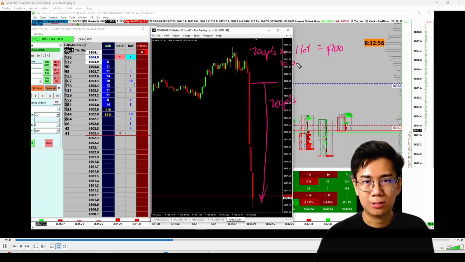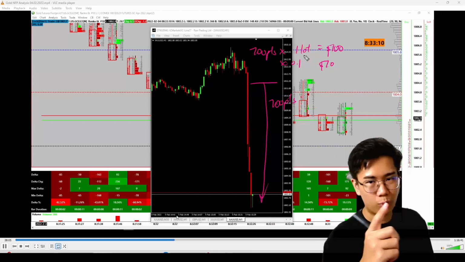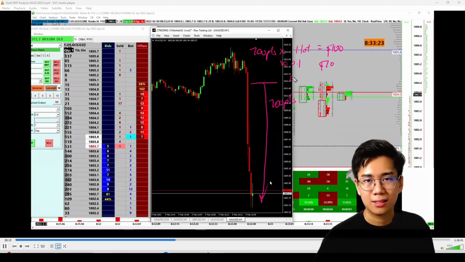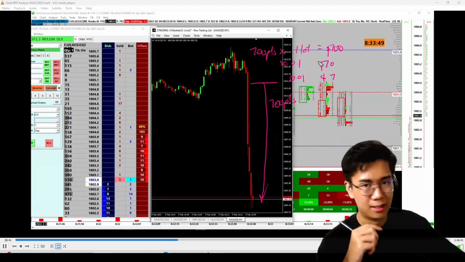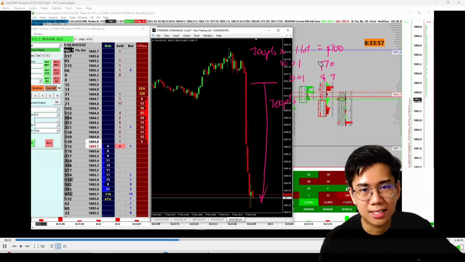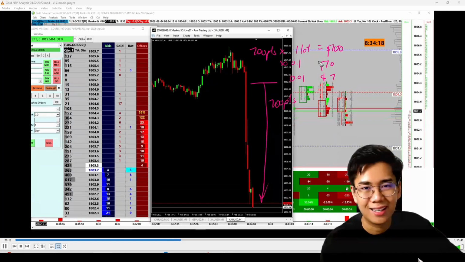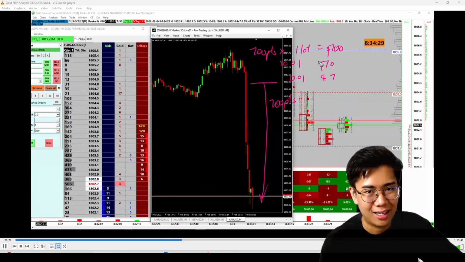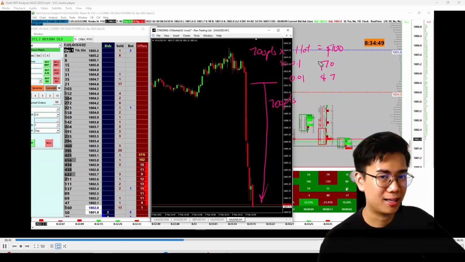If you multiply by 0.1, $70 profit in just 1 minute. 0.01, $7. And this is insider info. If you put a trade, it's do or die. I mean, if you guys have less than 100,000, then it's do or die.